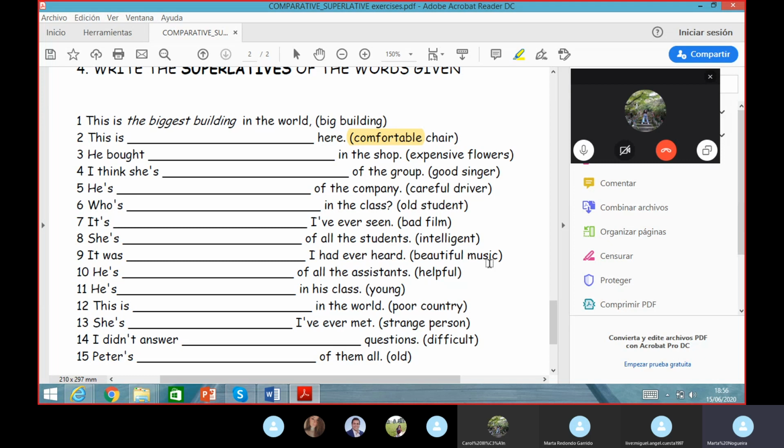He's the youngest in his class. 12. This is the poorest country in the world. 13. She's the strangest person I've ever met. Es la persona más extraña que jamás he conocido. Okay, that is the structure with the ever.